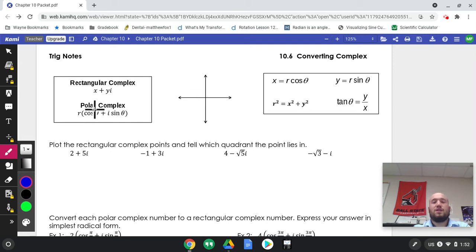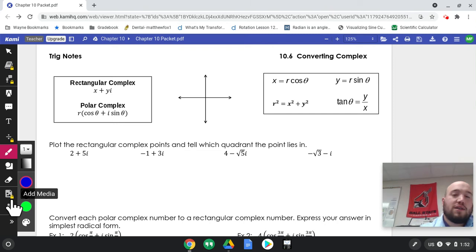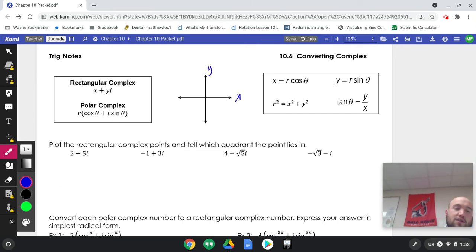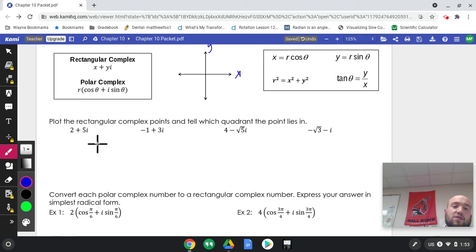Okay, so the first thing I want us to do is practice deciding which quadrant they would be in. If we think of this as our x and y-axis, plot the rectangular complex points and tell which quadrant the point lies in. So 2 plus 5i. That's going to be to the right because 2 is positive.